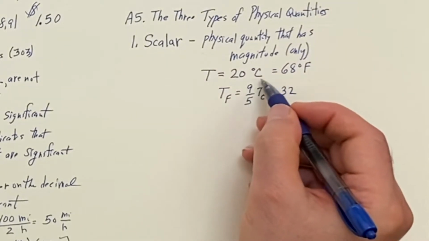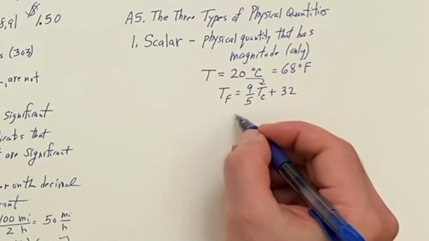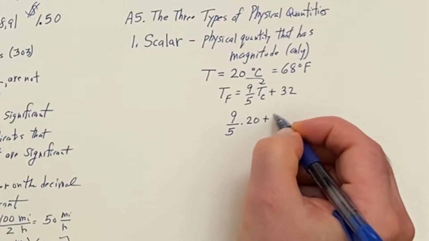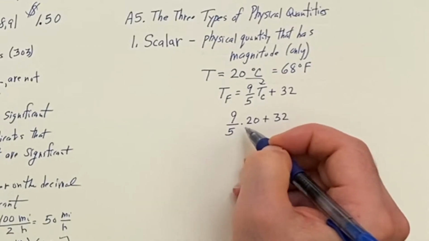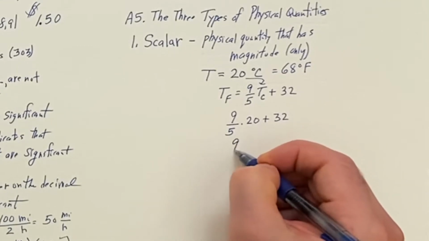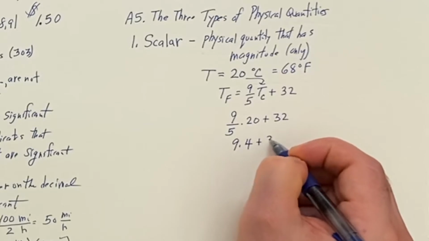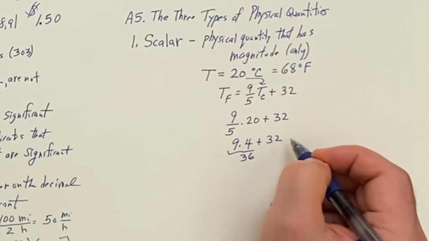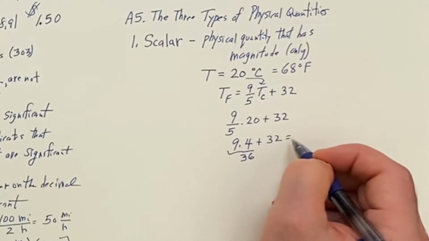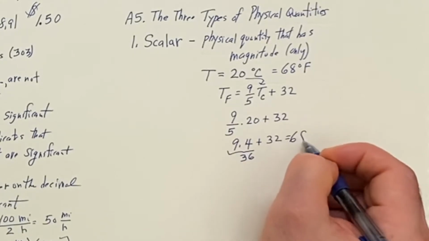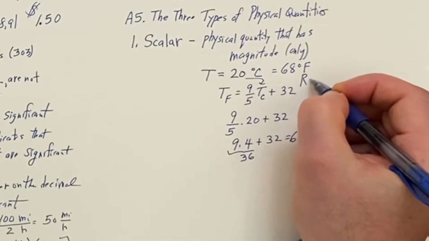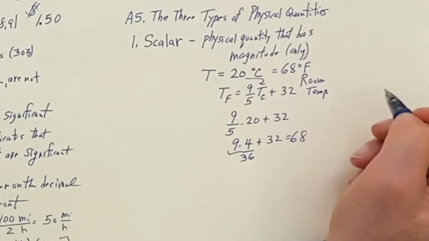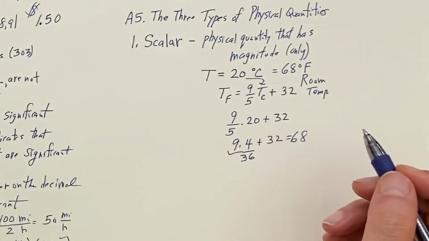So here I have a 20 that would go in there. So 9/5 times 20 and add 32. 5 goes into 20 four times, so this is 9 times 4 plus 32. This is 36, and if I add 36 to 32, I get 68. And you can consider that room temperature. So that has us the magnitude.